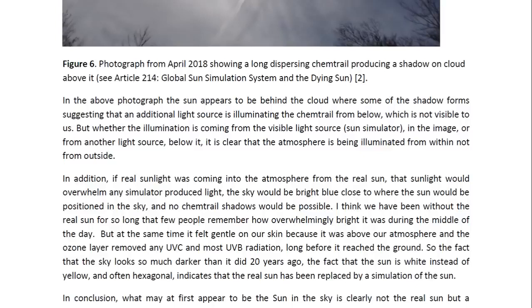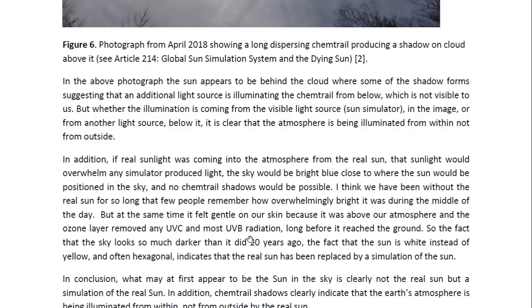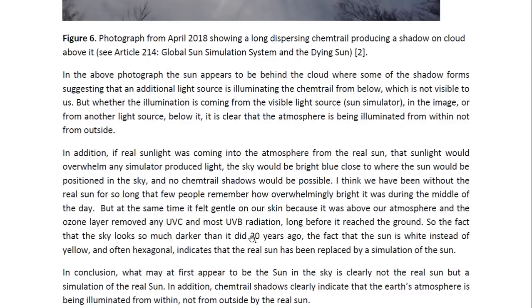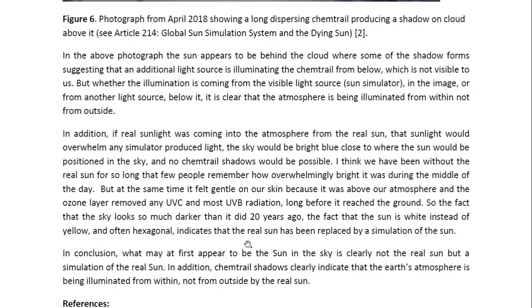I think we have been without the real sun for so long that few people remember how overwhelmingly bright it was during the middle of the day. But at the same time, it felt gentle on our skin because it was above our atmosphere, and the ozone layer removed any UVC and most UVB radiation long before it reached the ground.